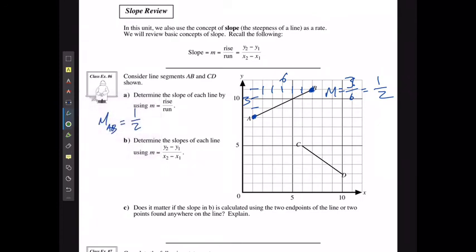For CD, I had to go down by 3 and right by 4. So my slope of this is going to be negative 3 over 4.